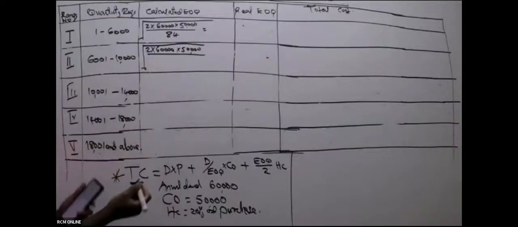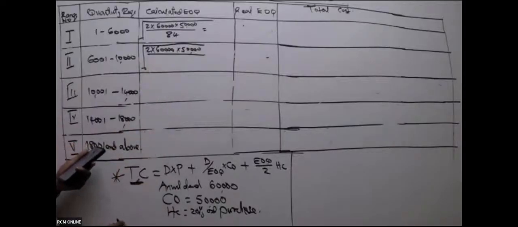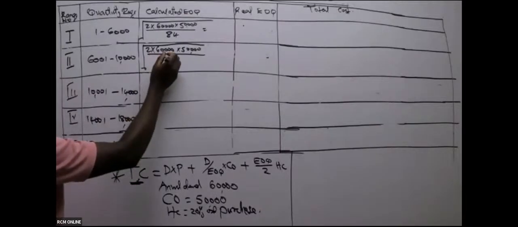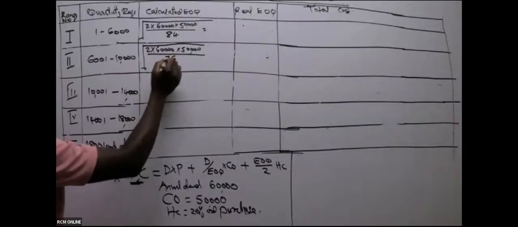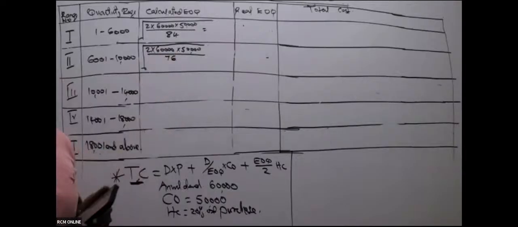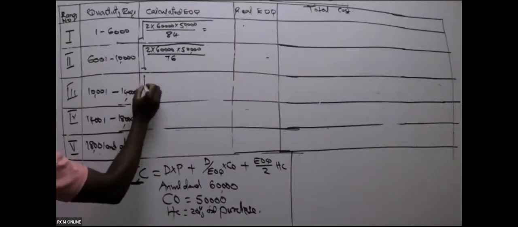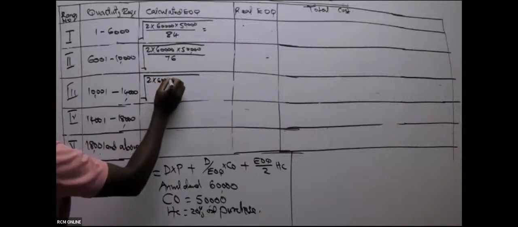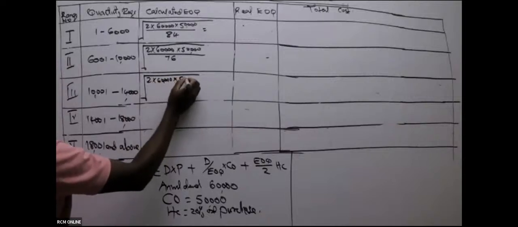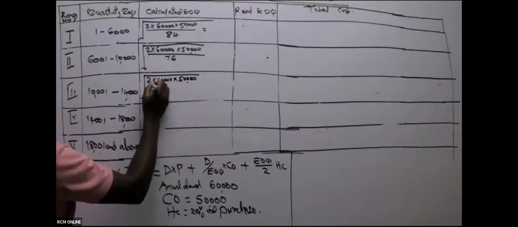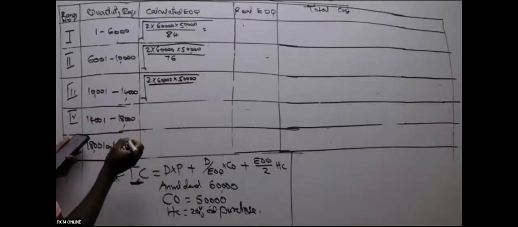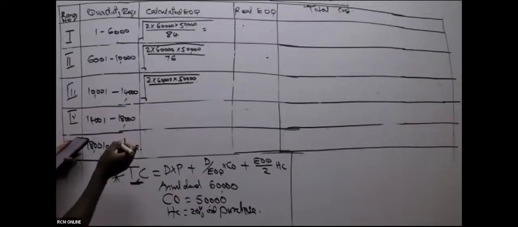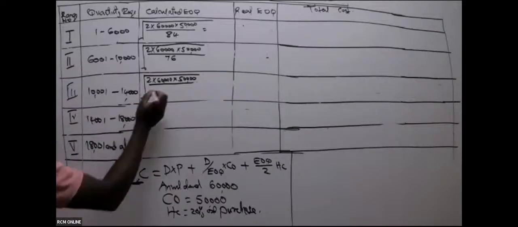So 20% of 380, how much will it be? Is it 74 or 76? 76. Thank you. Then this other one, 2 times 60,000 times 50,000 divided by 20% of 340. Is it 68?